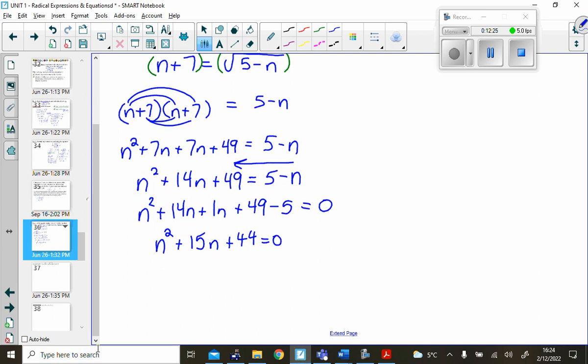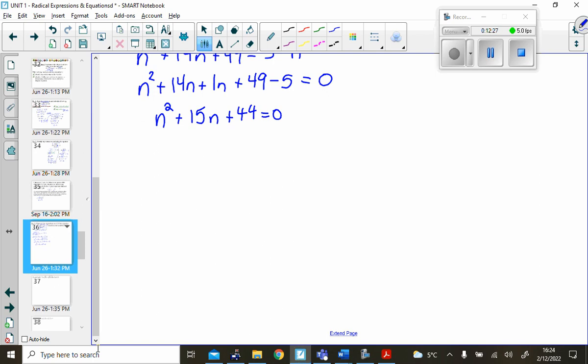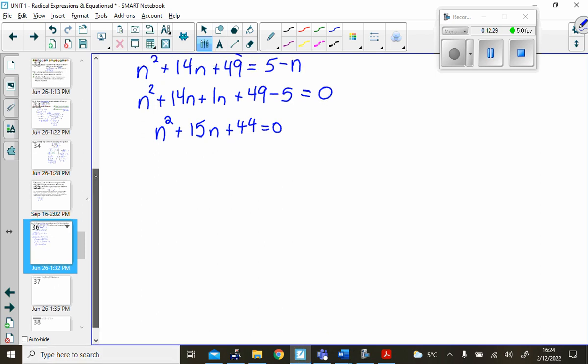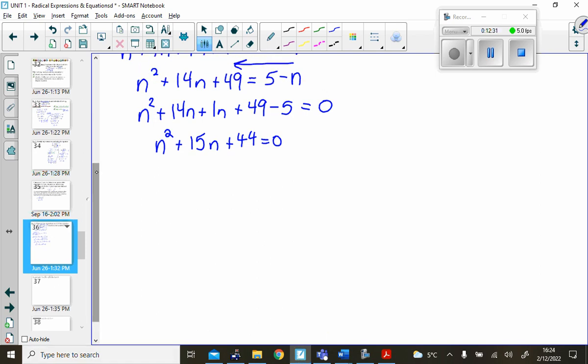Good news, in grade 10, we taught you how to factor this equation. You play the game of what multiplies to give 44 and what adds to give 15. Factors of 44, like 4 times 11 makes 44, and 4 plus 11 makes 15. So the magic numbers are 4 and 11.